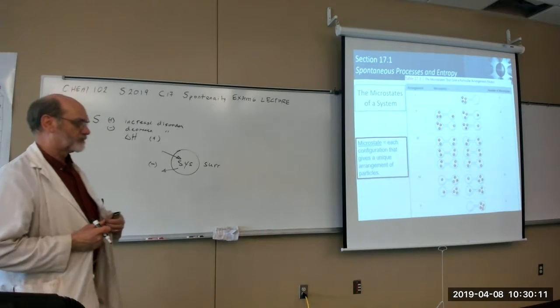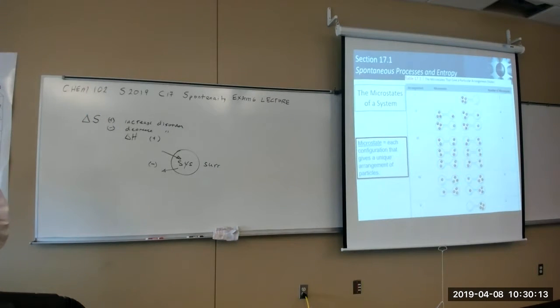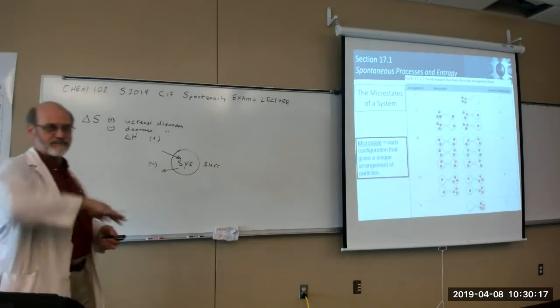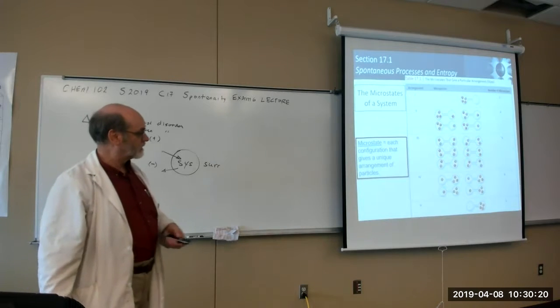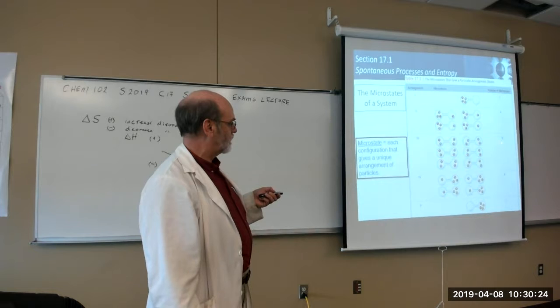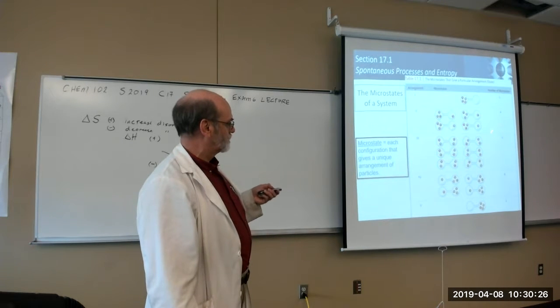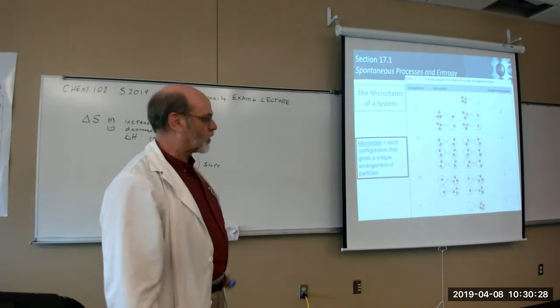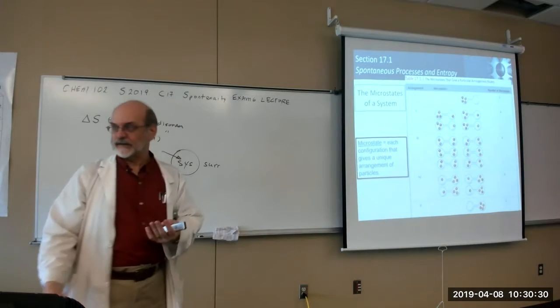Now, of course, if you have Avogadro's number of particles, then the calculations go up geometrically. There are 16 total options, and 6 out of 16 are this arrangement. So the probability would be 6 divided by 16.